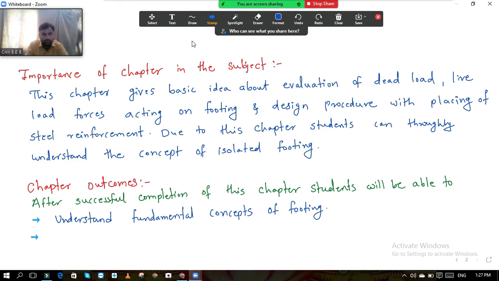Second, analyze footing for dead load and upward soil pressure. There will not be any live load.